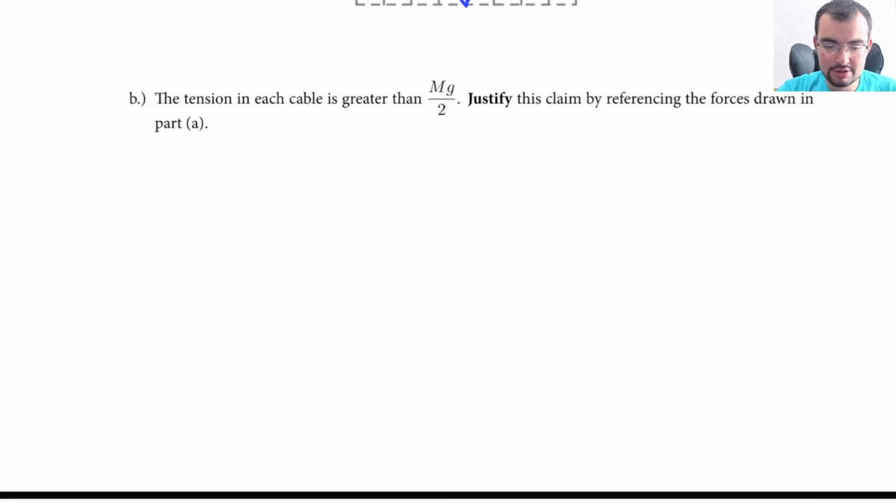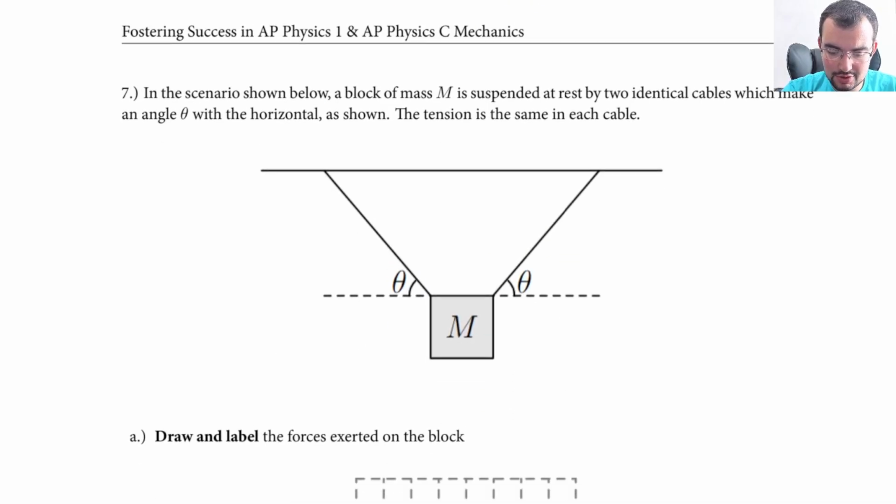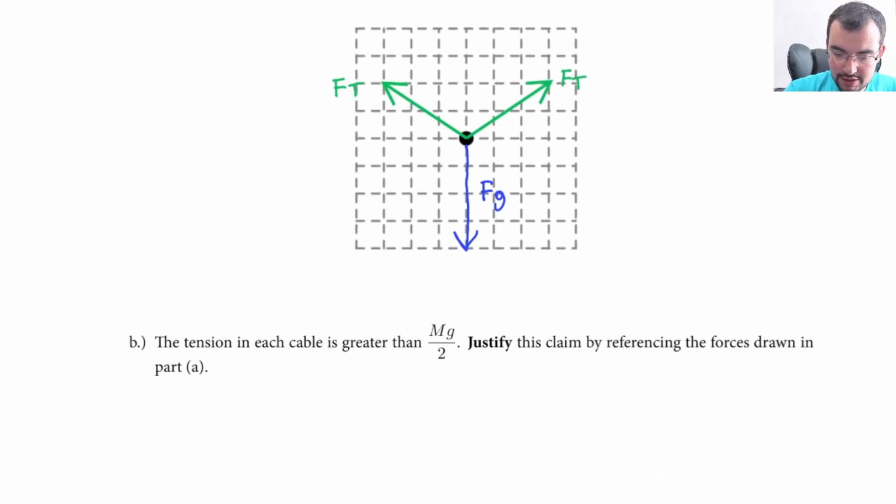Tension in each cable is greater than mg over 2. Justify this claim referencing the forces drawn in part A. So why is that? So we're saying apparently the cable is more than half the weight in each of them. So why is that true? Well, we said here that half the weight must be given to the vertical component of each cable. So what that means is that there will be some extra force that's kind of doing nothing.